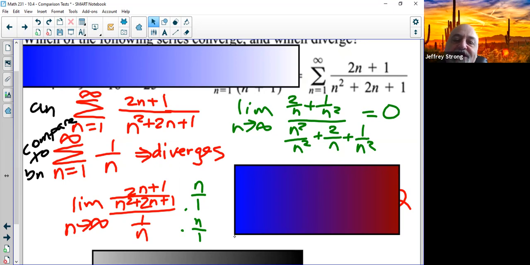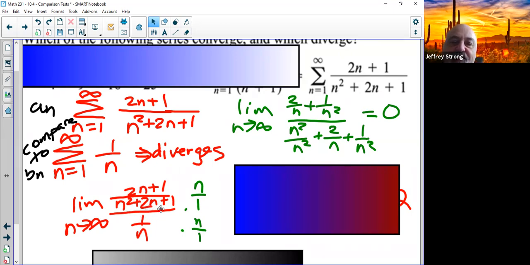Oh, I see what I did: I actually divided by the highest power in the denominator to simplify that complex fraction.